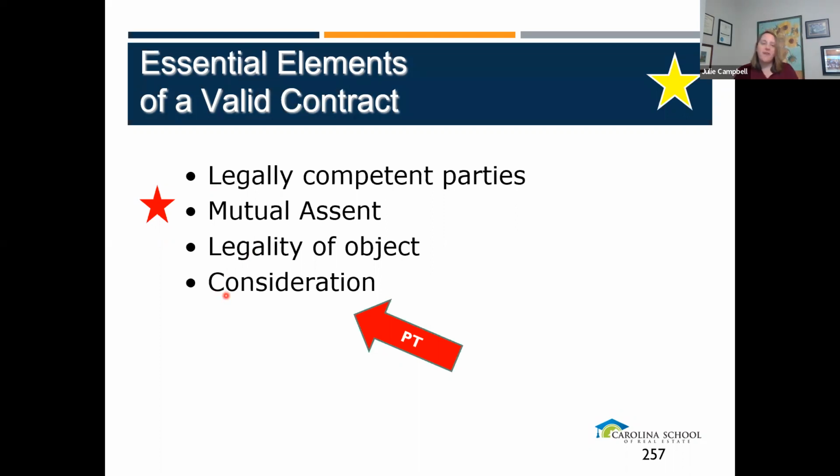Consideration is something of legal value. If my parents were to give me their house, but just wake up and decide to give me their house, consideration might be love and affection. Love and affection is something of value.